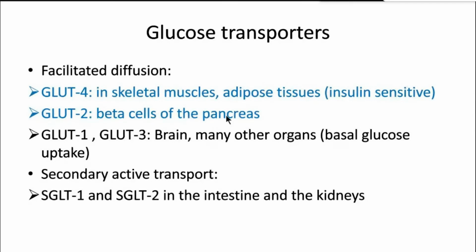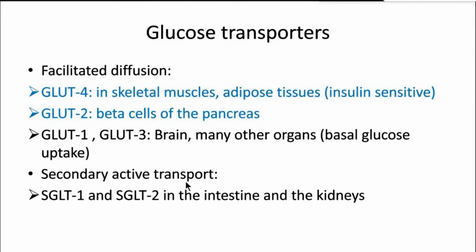When there is an increase in glucose level, it mediates transport into the beta cell and then secretion of insulin is stimulated. And the other types, GLUT1 and 3, mediate basal glucose uptake. That means even when there is no insulin or low insulin, these transporters act as the baseline transport mechanism, for example in the brain and many other organs.